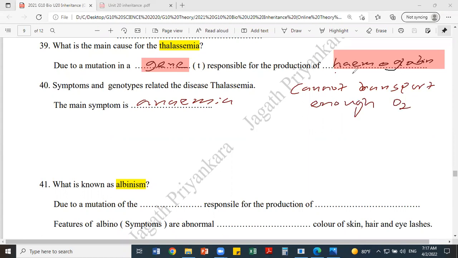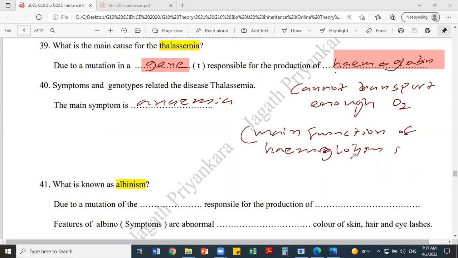What is the main function of hemoglobin? If you want to write it here: the main function of hemoglobin is transportation of oxygen.